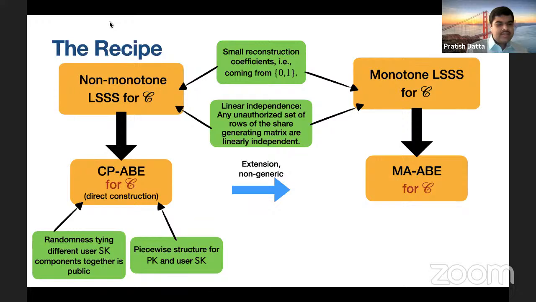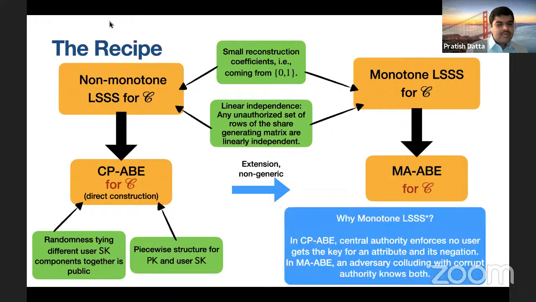And this extension is also non-generic, that means it uses the specific structure of the CPABE. And in order to do that, we had to use, instead of a non-monotone LSSS, a monotone LSSS with the same two properties as for the non-monotone LSSS we use for our CPABE.